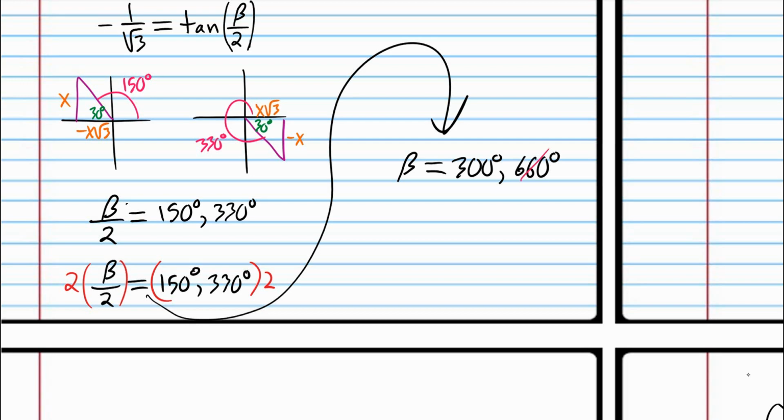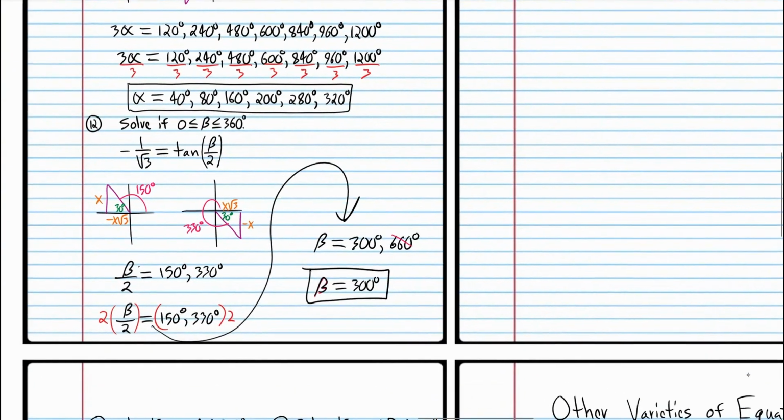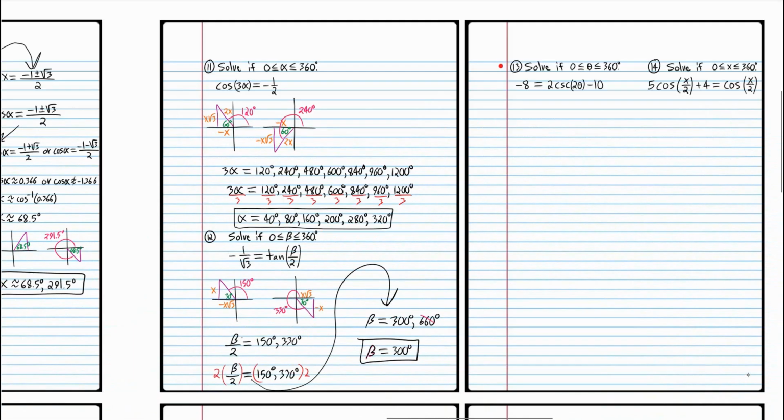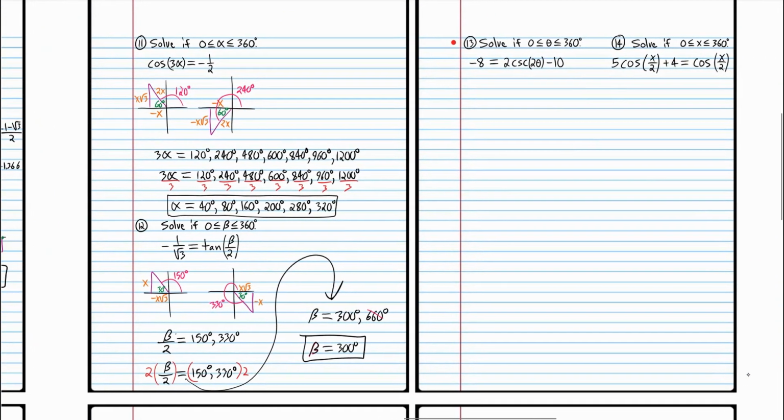We want the theta values that are between 0 and 360. So the only solution is 300 degrees. So if I got that right, good. If you made a few mistakes here and there, that's okay. But now you have an idea of how to do that.